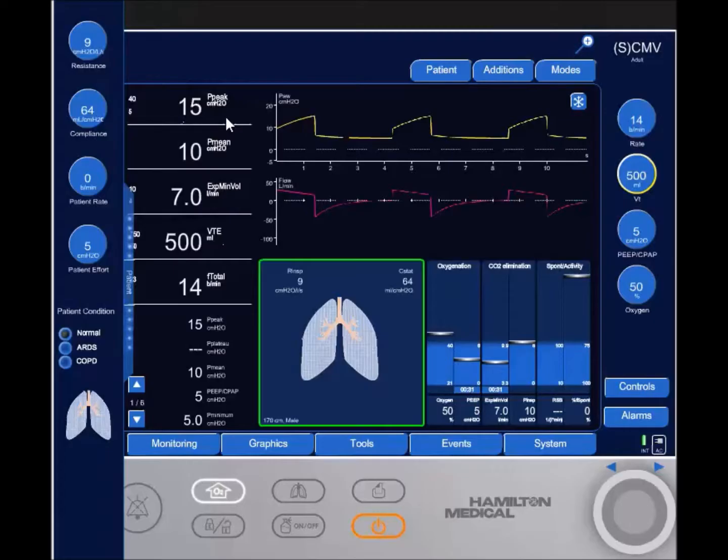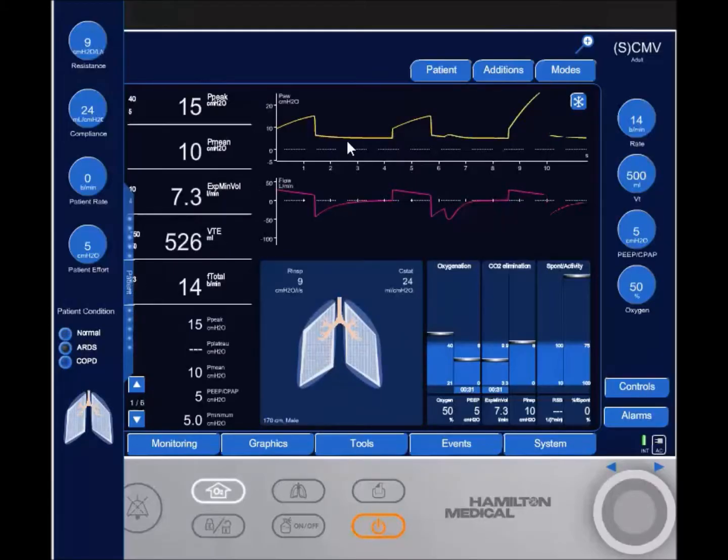And what should happen is the pressure should go up or down to achieve this tidal volume safely. And when I change my compliance or resistance, my respiratory mechanics, does the ventilator breath by breath automatically titrate the pressure up or down to achieve this goal?